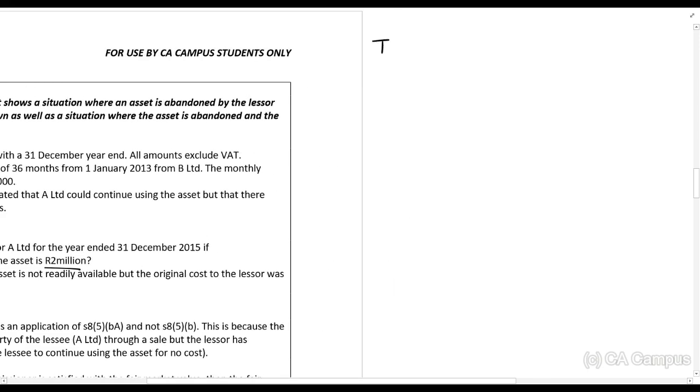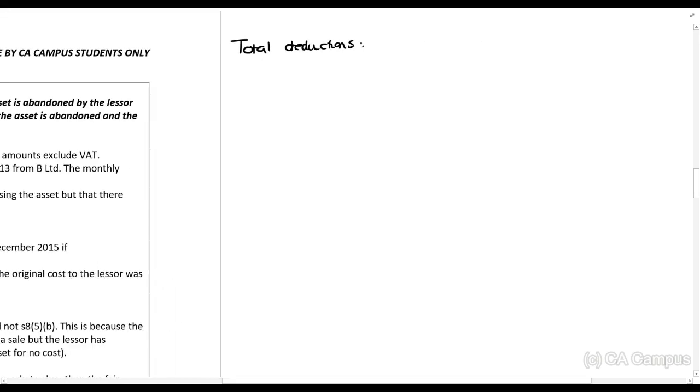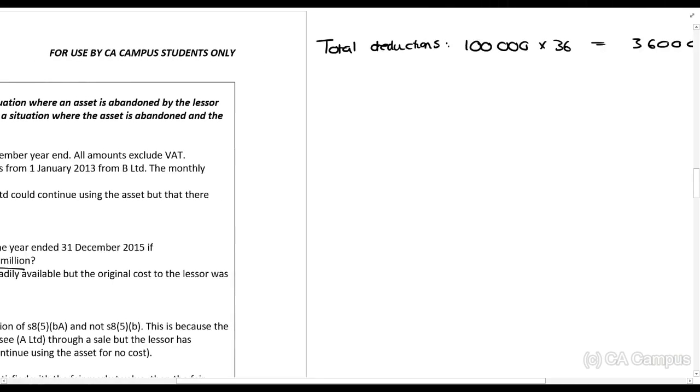So first we start with total deductions. How much is the total deductions that we claimed? 100,000 rands for 36 months. So 3.6 million rands is what we claimed. Right.